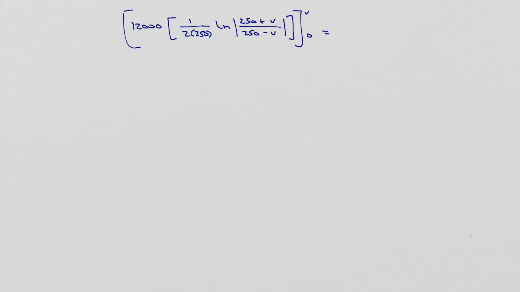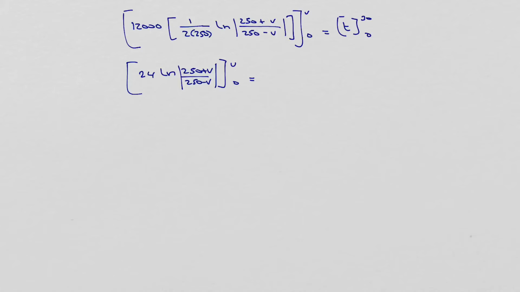And when I integrate 1 with respect to t, I just get t within the limits of 30 and 0. So of course, if I simplify that 12,000 by 1 over 500, well, what do we end up with? So we have 24 natural log of 250 plus v over 250 minus v. And of course, that's within the limits of v and 0.